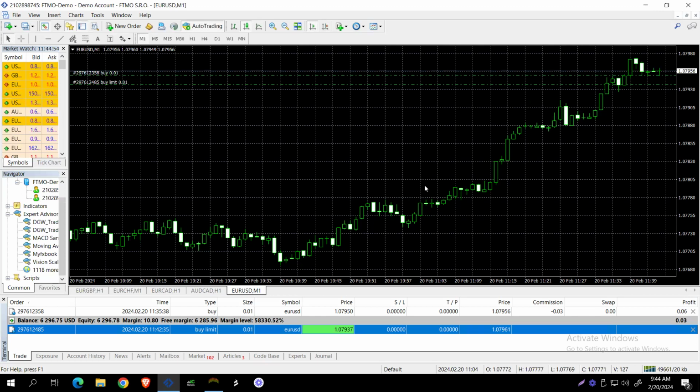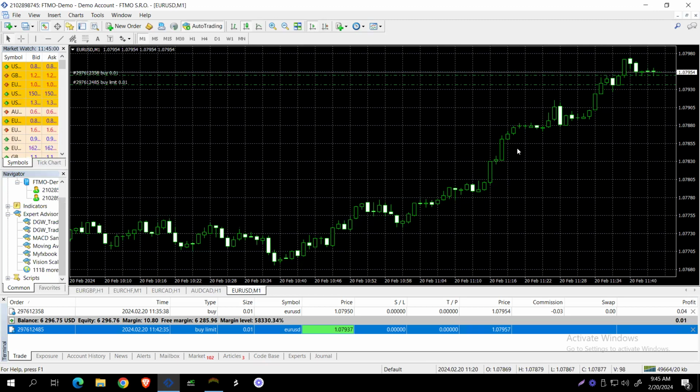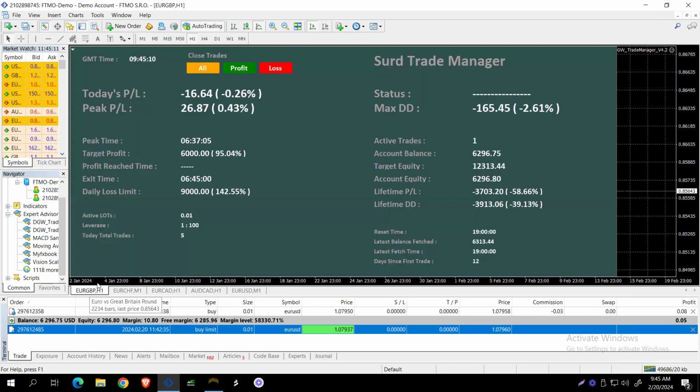So what people now do is this, they employ robots to trade for them. Those robots are called expert advisors or trading robots. Of such, we have one advisor here, the sub trade manager.